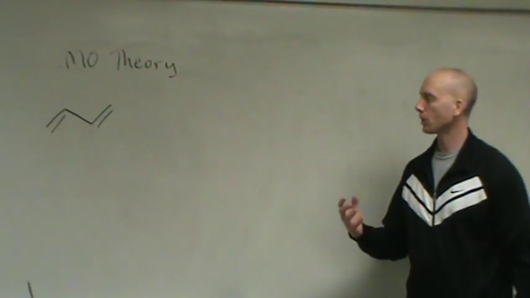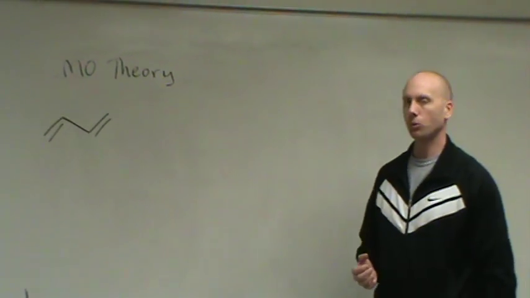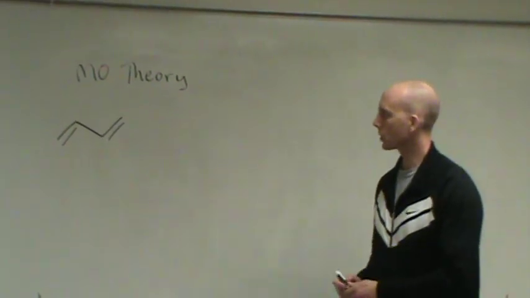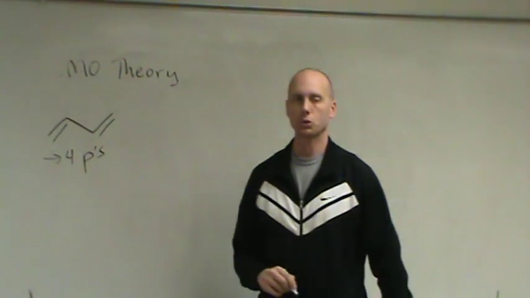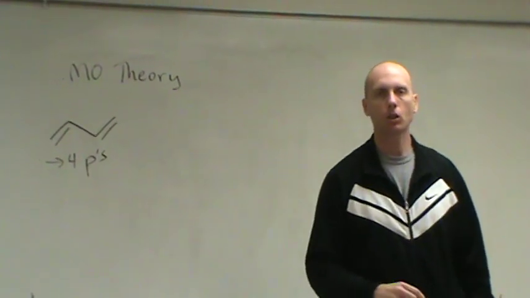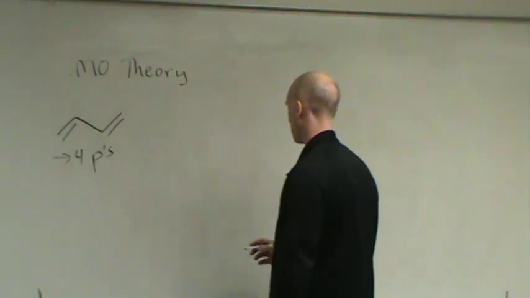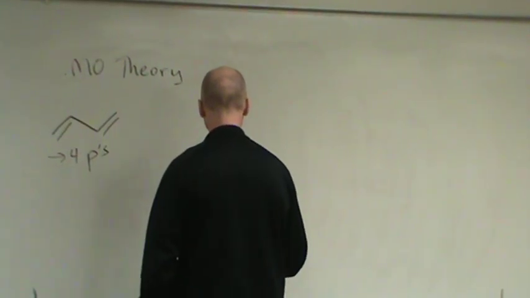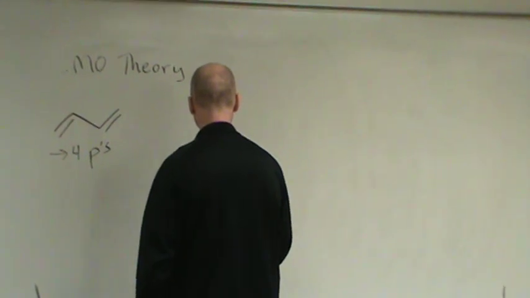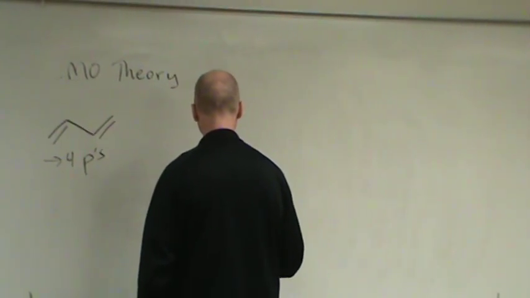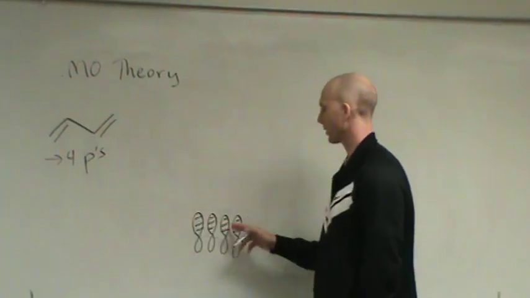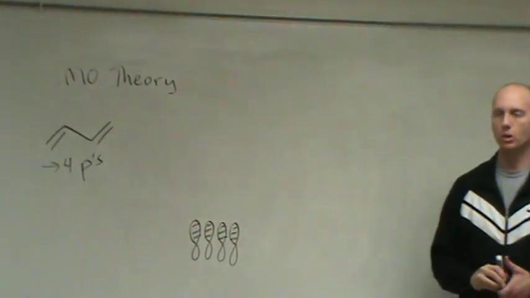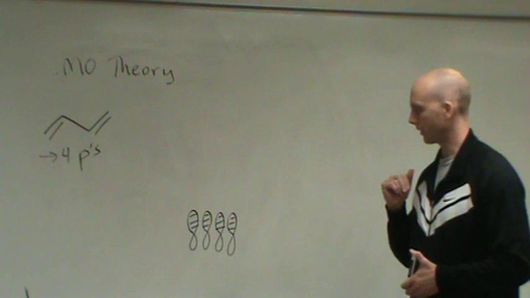Okay, we have two double bonds that are conjugated with each other. And so here we're going to have what? A total of 4 p orbitals, aren't we? So let's draw 4 p orbitals. With all 4 p orbitals overlapping in phase.